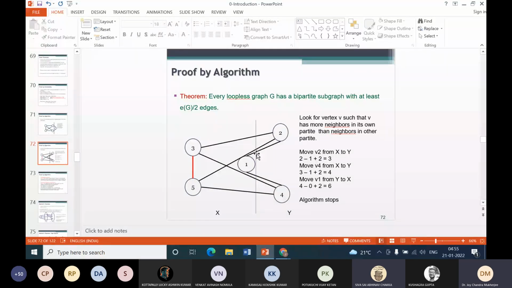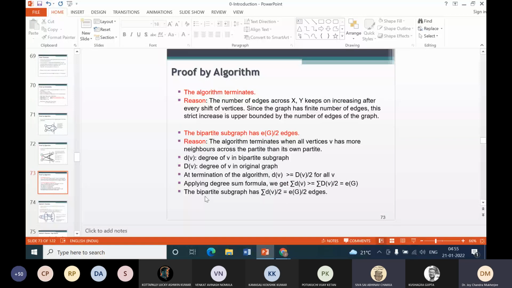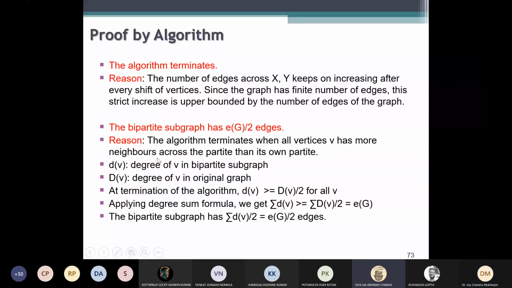Now the question is, we have proven that the algorithm will stop, but we still have to prove that the number of edges across the partite is greater than or equal to |E(G)|/2. That is something we need to prove. So the bipartite subgraph has |E(G)|/2 edges. That we need to prove.